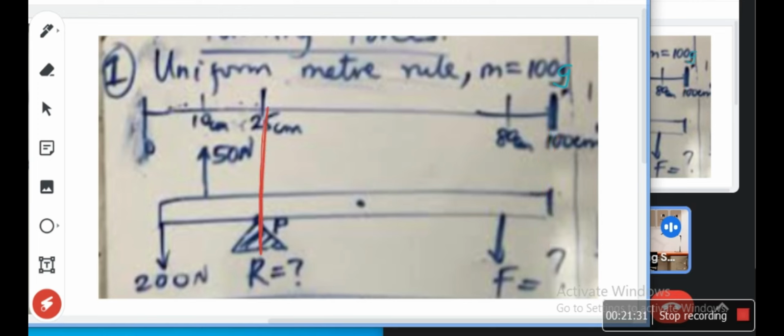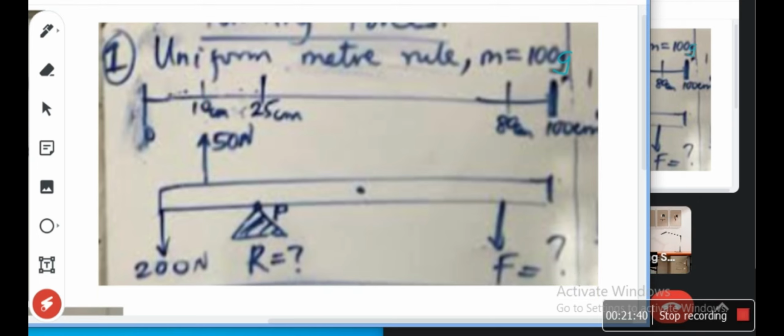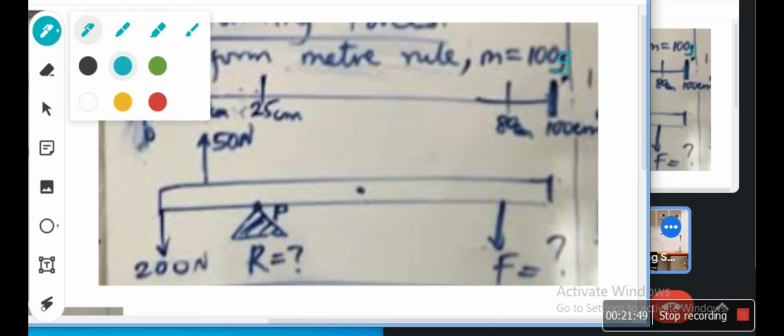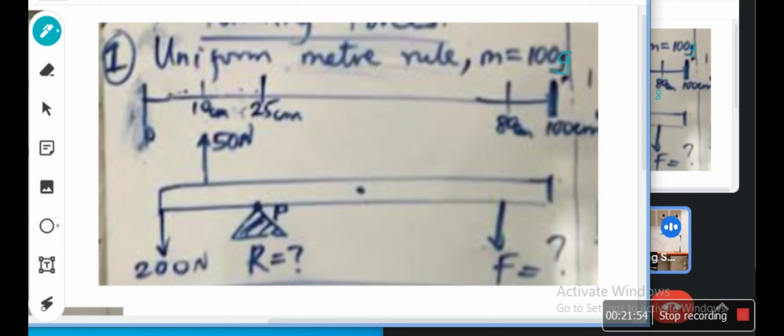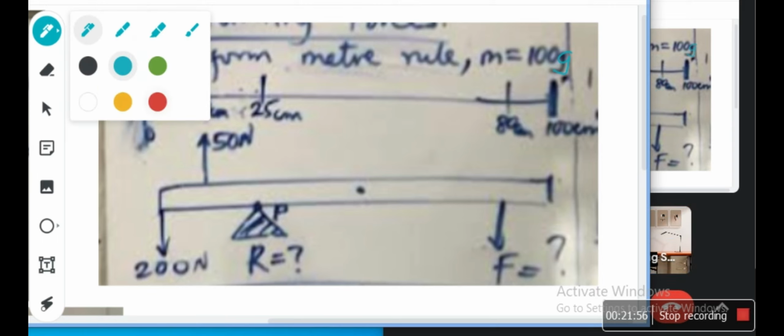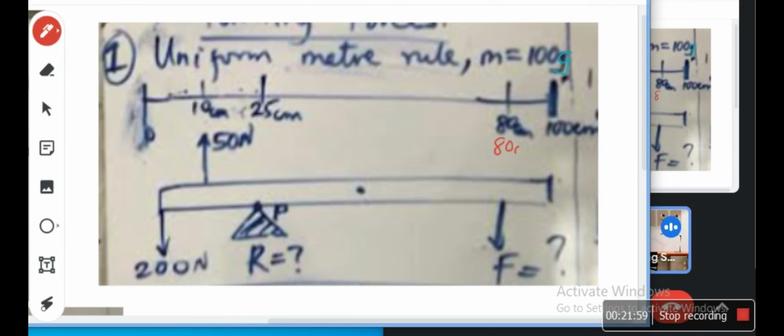This piece is the center, and there's a force at the 80 centimeter mark. Here is the whole length. This point is 25, this point is 25, and the 0 mark is here.